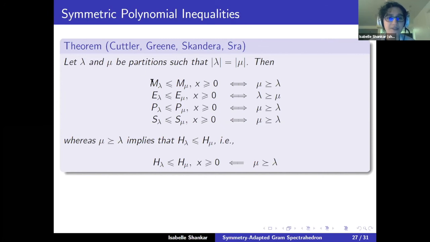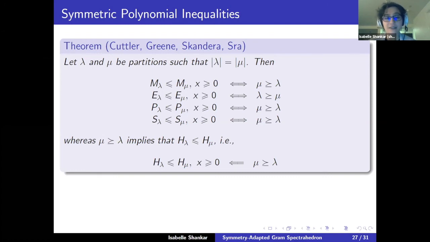Then it turns out that the term normalized monomial polynomial with respect to lambda is less than or equal to, again, capital M with respect to mu on the non-negative orthant. This notation specifically means that we're restricting to the non-negative orthant. This inequality holds if and only if mu dominates lambda in the usual dominance ordering on partitions.